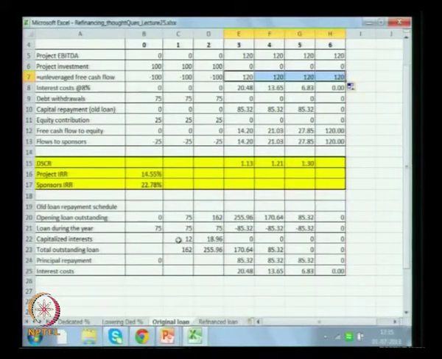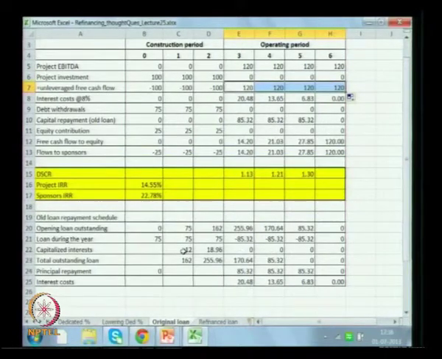When we start withdrawing a loan we obviously have to pay interest, but during the construction period this interest is not paid, it is capitalized, in the sense that it becomes part of the principal. So when you look at year 2, the opening loan outstanding also includes the capitalized interest. So this 162 is nothing but 75 at the beginning of the project, 75 of loans taken during year 1, and then the capitalized interest.